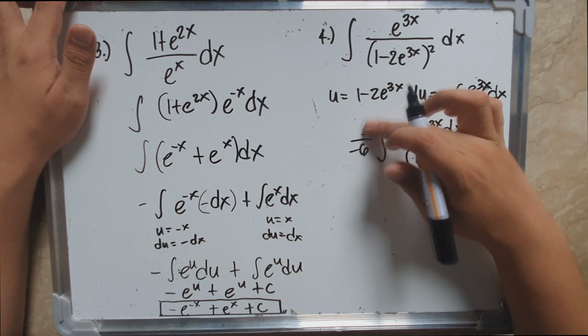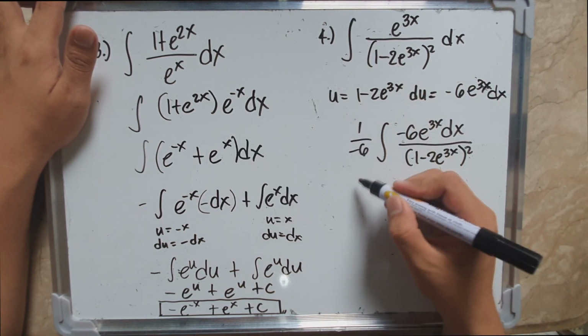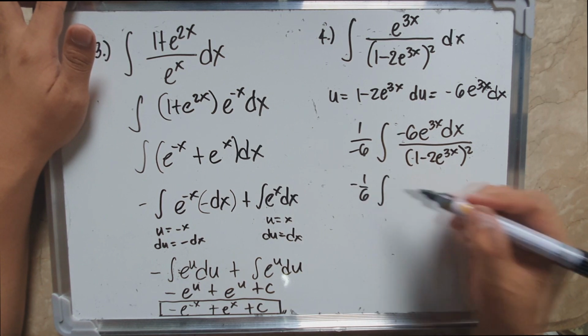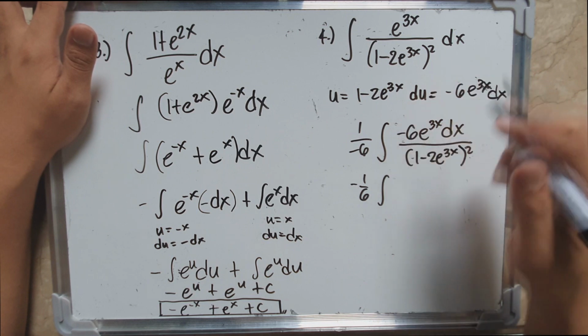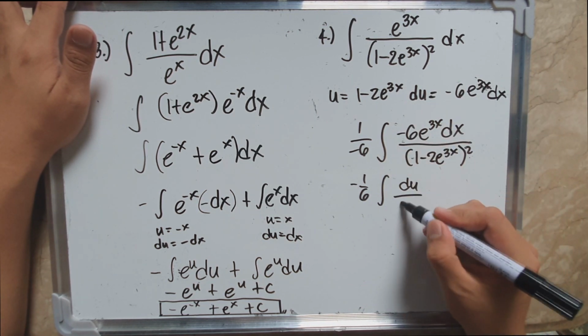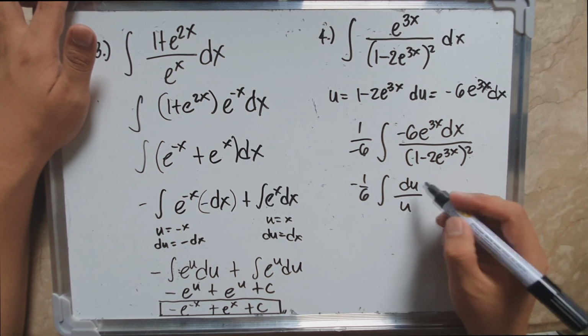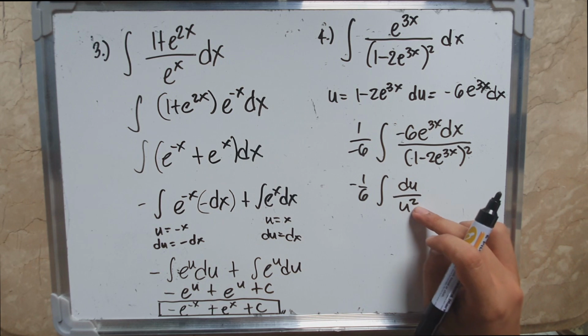So writing negative 6 inside and placing 1 right here, we now have 1 over 6. Integral of this one is obviously a du, and the denominator is u raised to the power of 2. Now, since we have 2 here, we'll be applying the power rule.